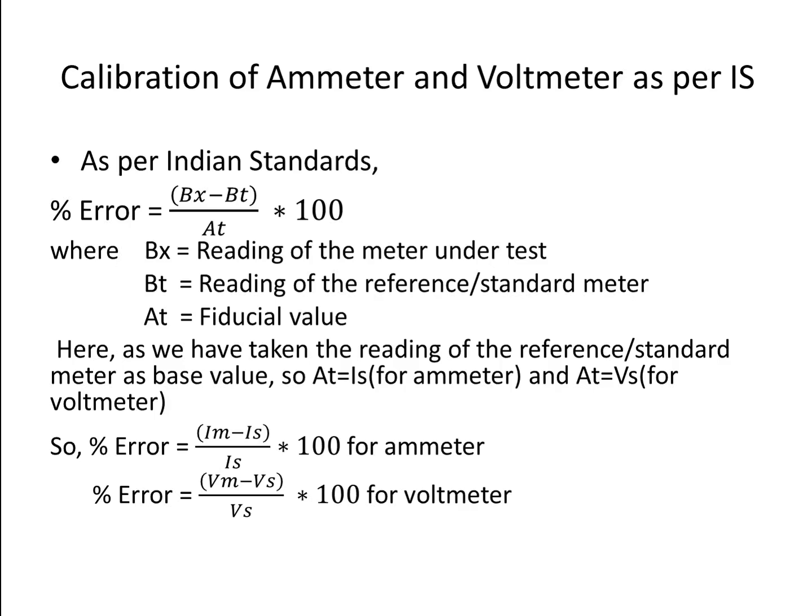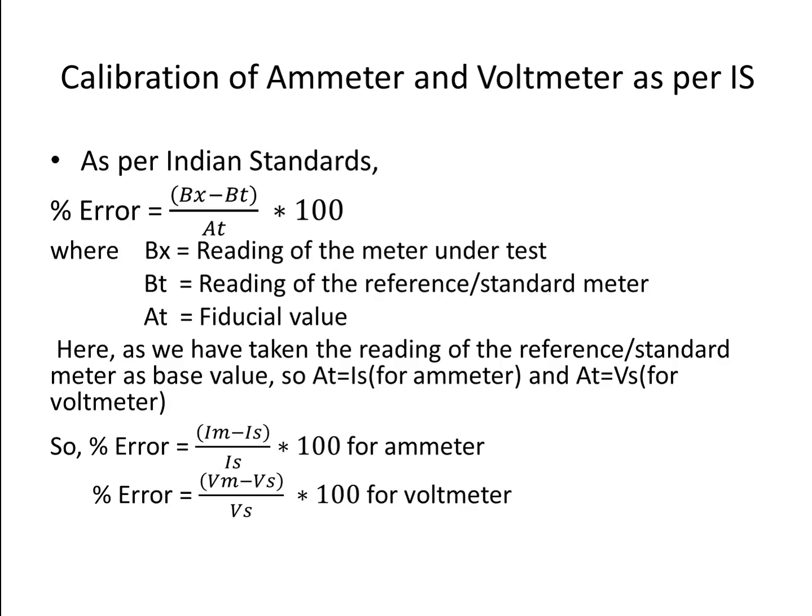So here our fiducial value will be the true value of the current as well as voltage for ammeter and voltmeter respectively. So in case of ammeter, Bx will be equal to Im, Bt will be equal to Is, and At will be equal to Is.